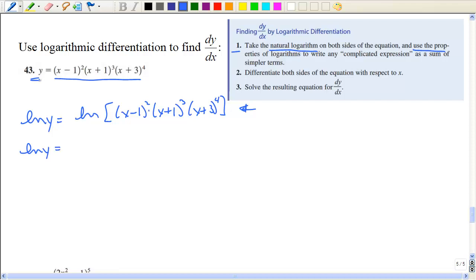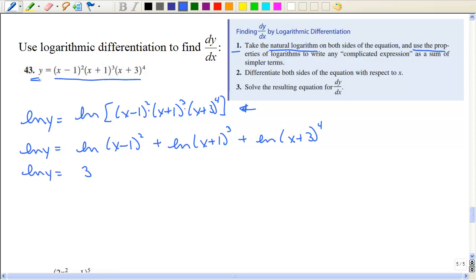As you remember, we have these products, so we can write this as addition. And we're going to keep using those properties of logs by bringing those exponents down. Oops, that's a 2. Okay. Now, much less complicated.